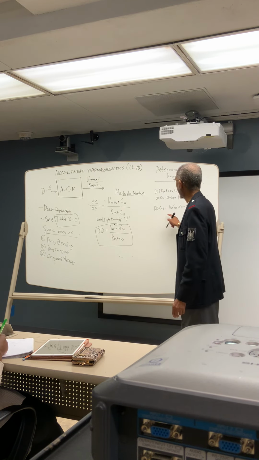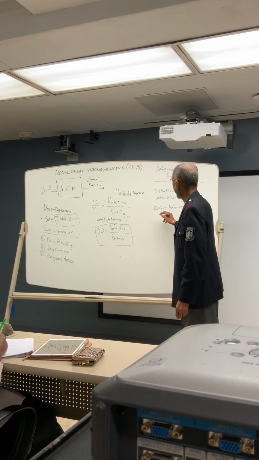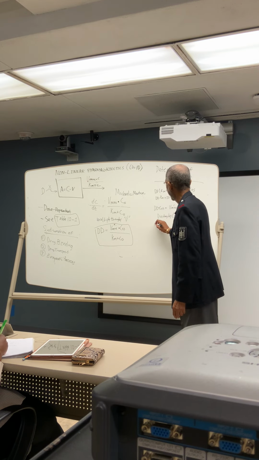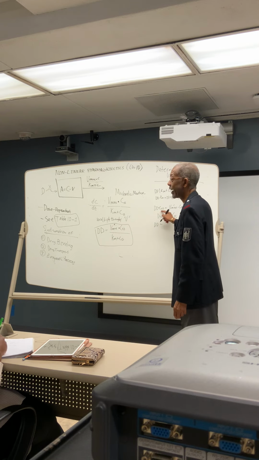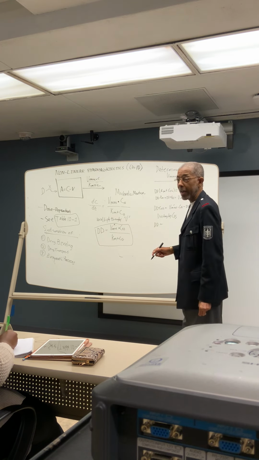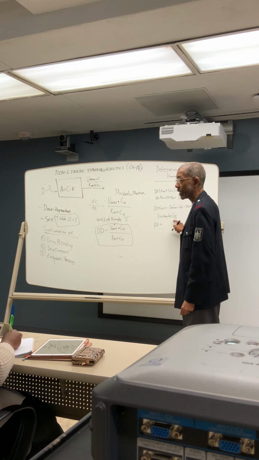So if I divide both sides by C steady state, I get that daily dose is equal to, because if I divide this by C steady state, they're going to cancel, right? I'm telling you, you have to divide through by C steady state.